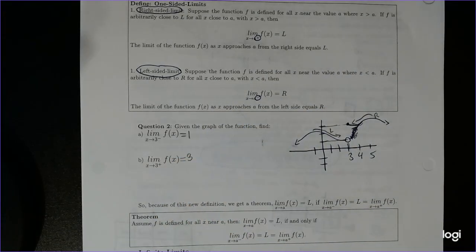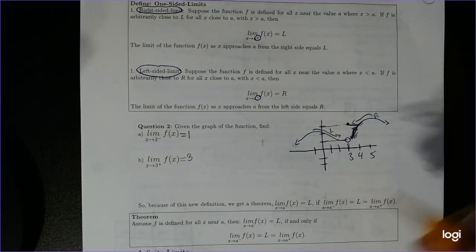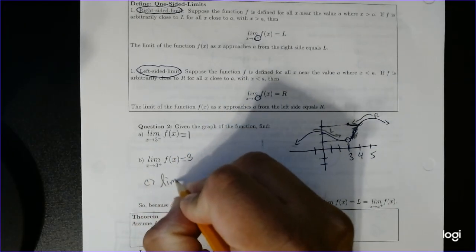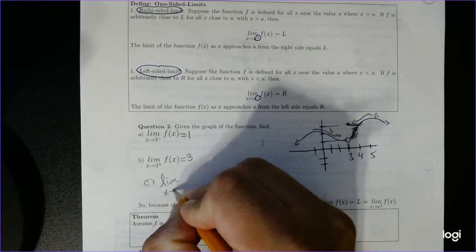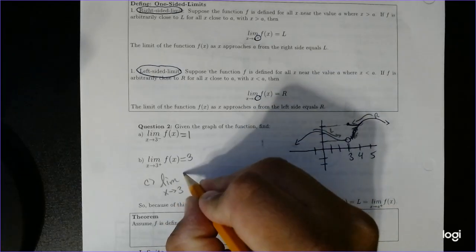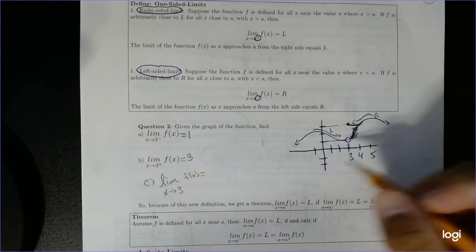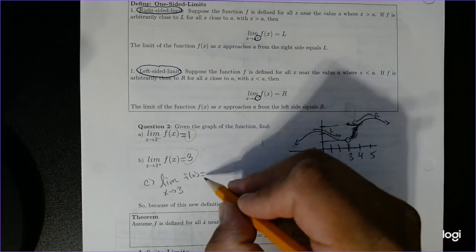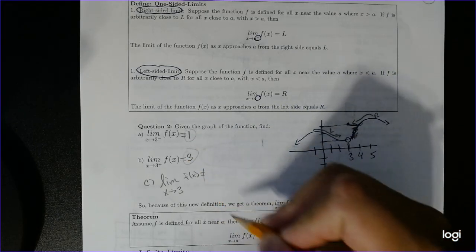So just like our previous example, left and right differ. If I had a part C here that asked, what's the actual limit as x goes to 3 in any direction, both have to coincide. Since these do not equal each other, the limit would not exist, meaning there's no limit.